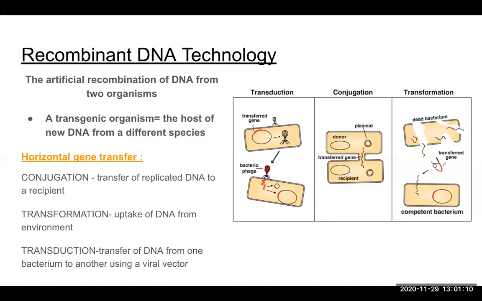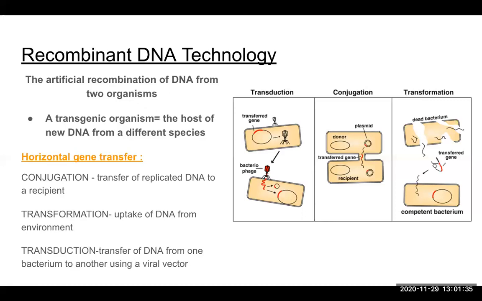You also have transformation. Transformation is really common in the lab too. You'll usually use the plasmid DNA, so circular DNA, and then vector DNA that comes from the environment. As you can see in the picture, you have a different bacteria that's been lysed and it's dead, and it transfers its genes to a different bacteria that's competent.